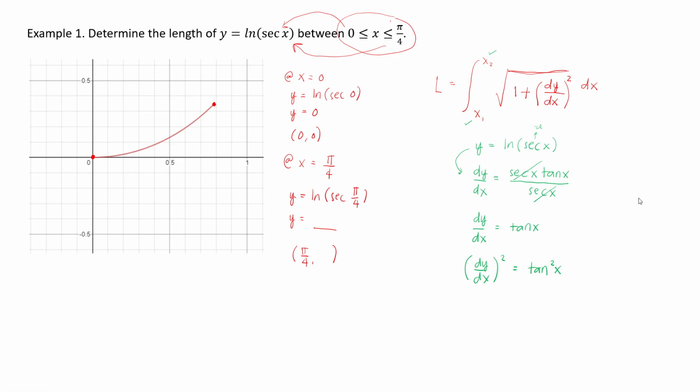So this element is now determined. All you have to do is to use again the formula. So this is equal to the integral from 0 to pi over 4 of the square root of 1 plus tangent squared x dx.